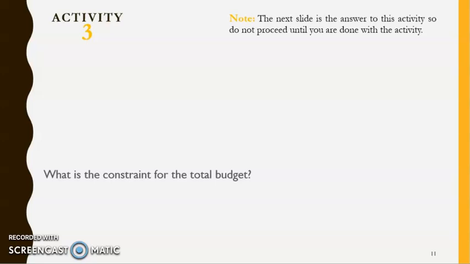As you have noticed, it's a very straightforward type of constraint. There are 5 opportunities, and you have $100,000 in cash, so the constraint was to make sure that the amount of investment you have does not violate or surpass the amount of money available.